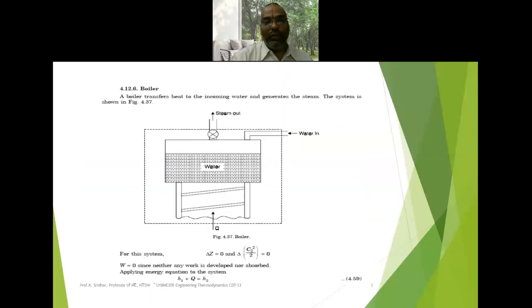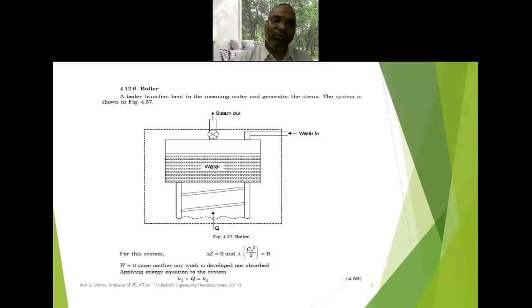So now let us discuss the first important device, that is the boiler. Before deriving the steady flow energy equation of any engineering device, it is very important to know first of all what is the function, what is the purpose of using this particular device.